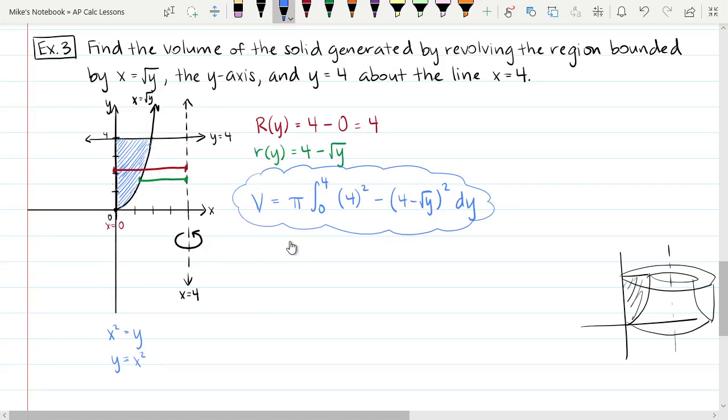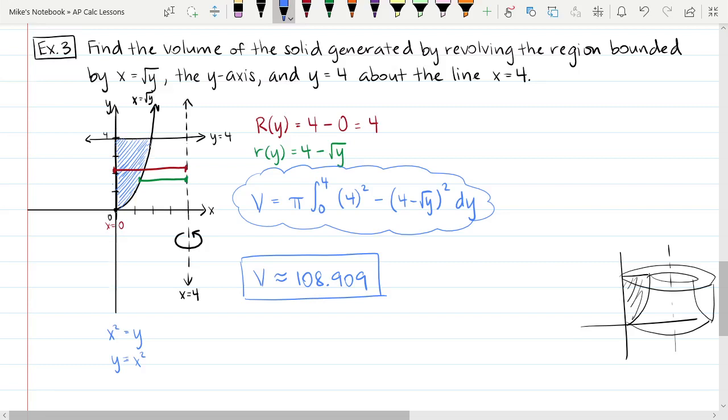So let's go ahead and type that into the calculator, or you go ahead and type that into the calculator and see what you get. And I believe you should have gotten approximately 108.909.